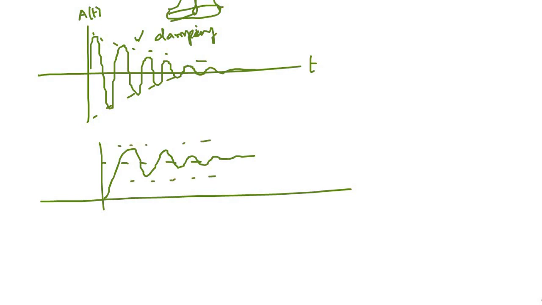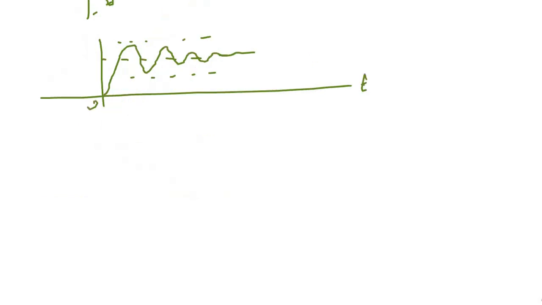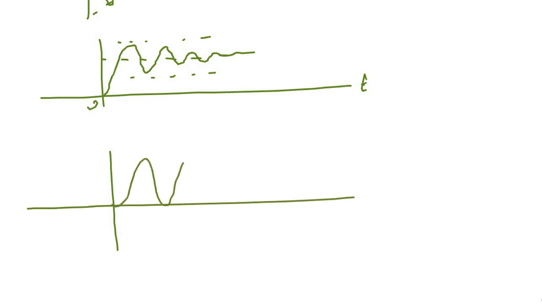So damping means decrement of the amplitude of oscillations with respect to time. That's called damping. Undamped means the oscillations will be there but the amplitude of the oscillation will not reduce in time. That is called undamped.